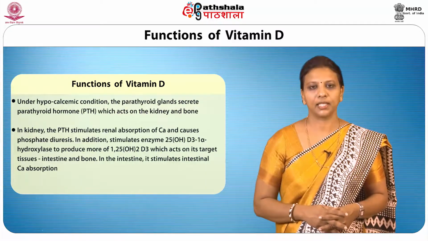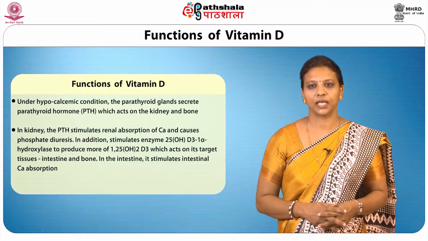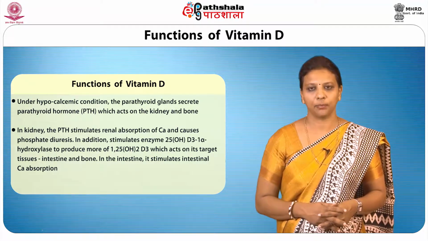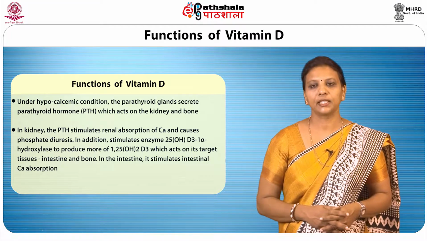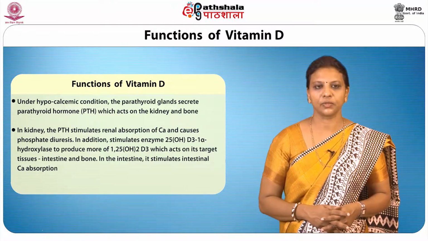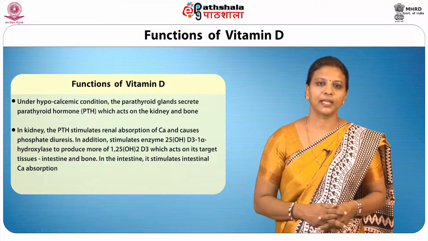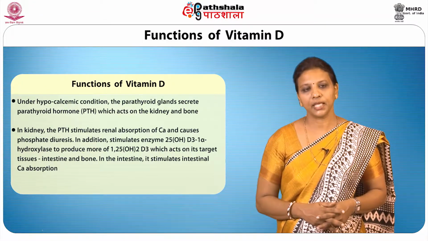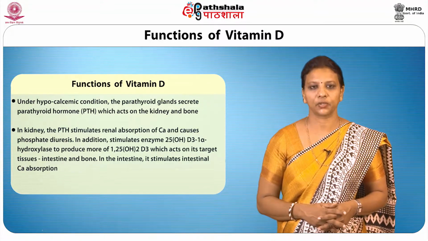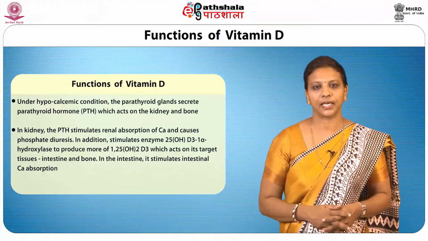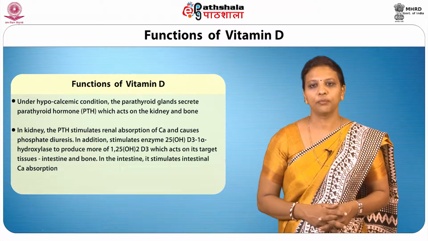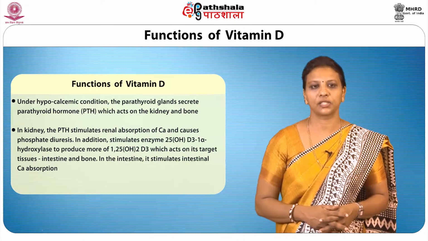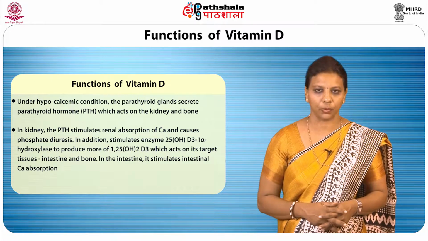Under hypocalcemic condition, the parathyroid glands secrete parathyroid hormone which acts on the kidney and bone. In kidney, the parathyroid hormone stimulates renal absorption of calcium and causes phosphate diuresis. In addition, it stimulates the enzyme 25-hydroxy D3 1-alpha hydroxylase to produce more of 1,25-dihydroxy D3 which acts on its target tissues intestine and bone.